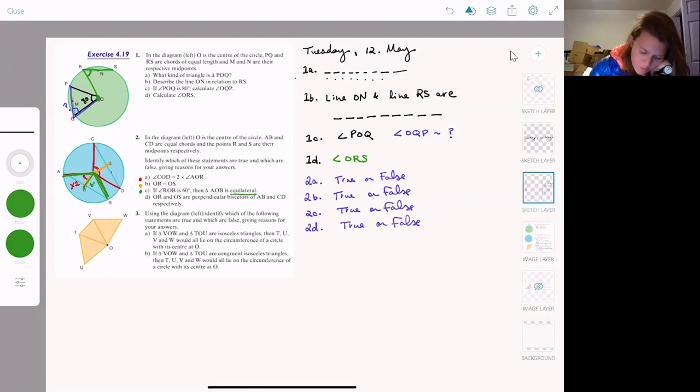True or false? And D, last. OR and OS are perpendicular.